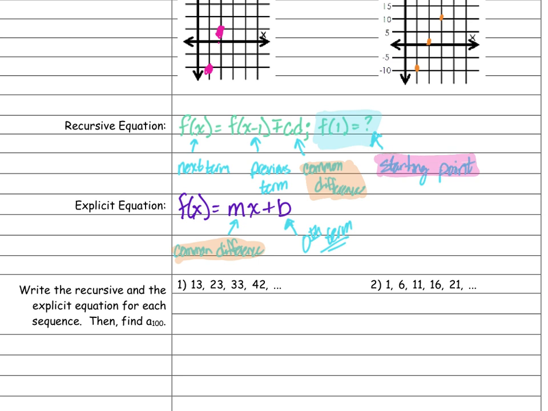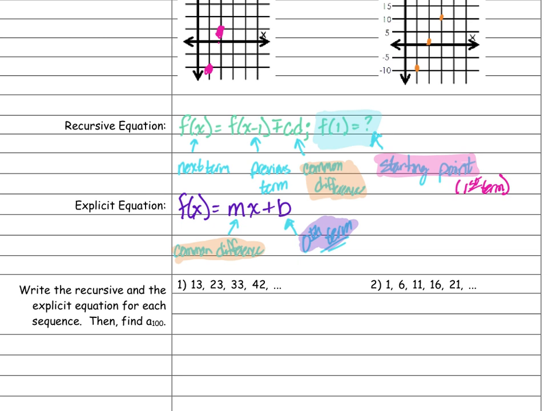So I'm going to write that. Starting point, I know, is first term. Okay, the first term of my sequence is my starting point. And then for the other equation, I need my 0th term. So I also have to find my 0th term. So I have to find all this stuff in order to write these equations.